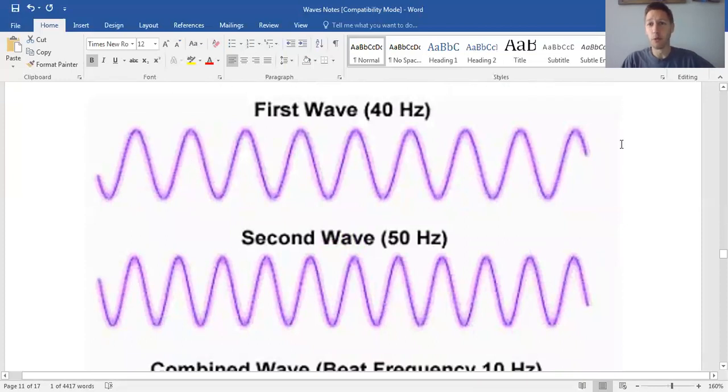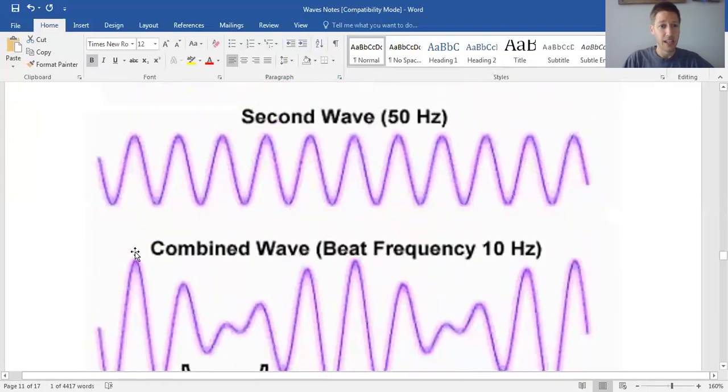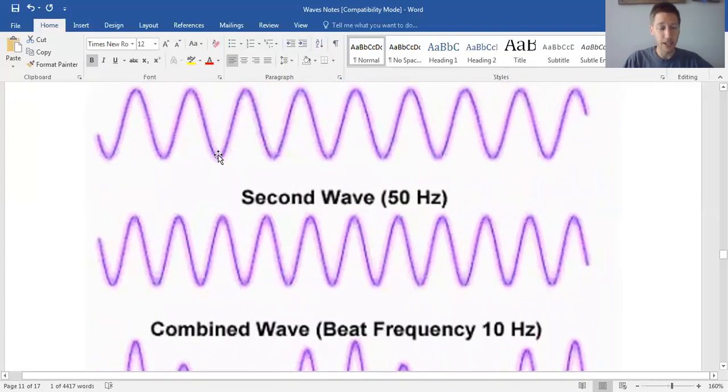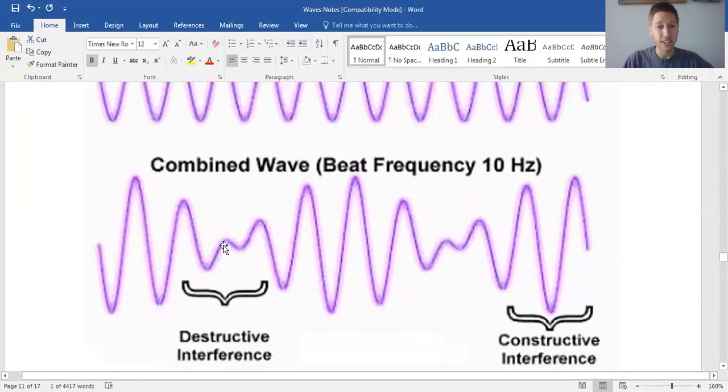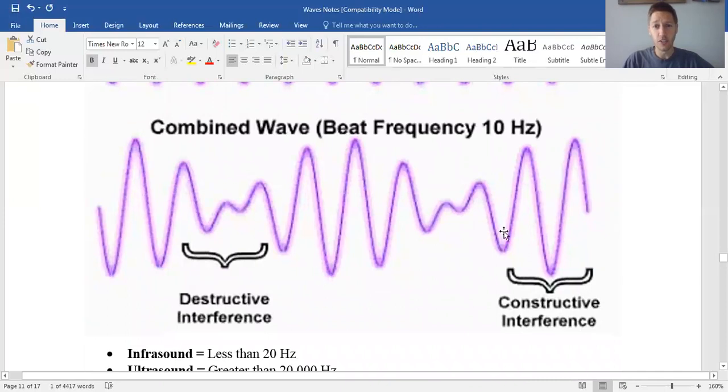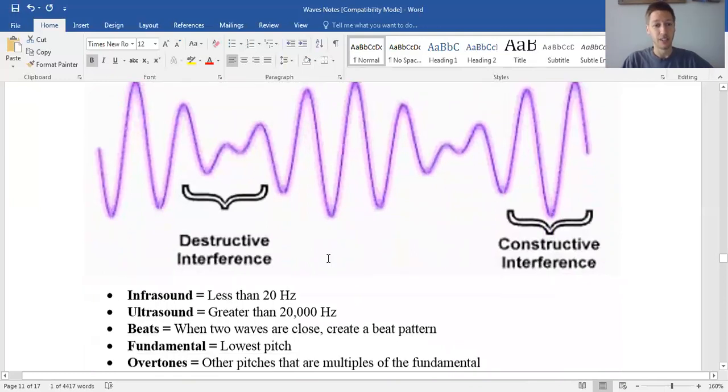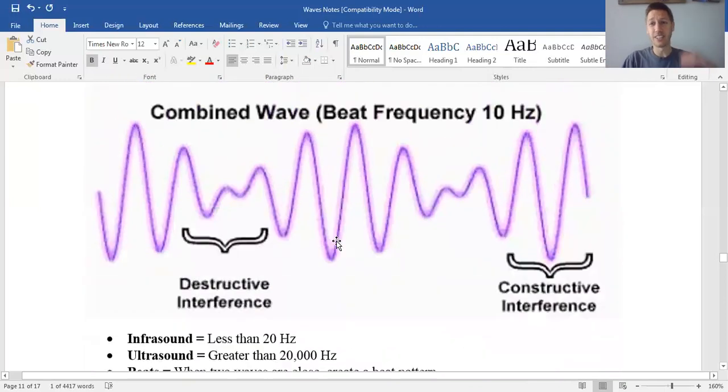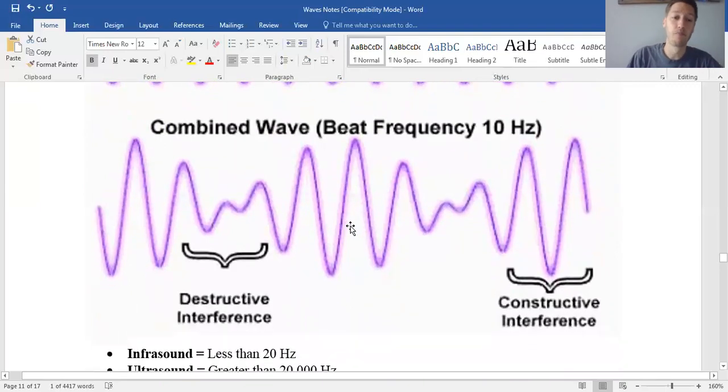If one wave is 40 hertz and one wave is 50 hertz, and we add these together, sometimes, like right here at the beginning, it adds together, and sometimes they cancel out. Here, this one's low, this one's high, and they cancel out. So we have this constructive and destructive interference, which produces this pulsing beat pattern. It just keeps beating and pulsing, and that's irritating to listen to.